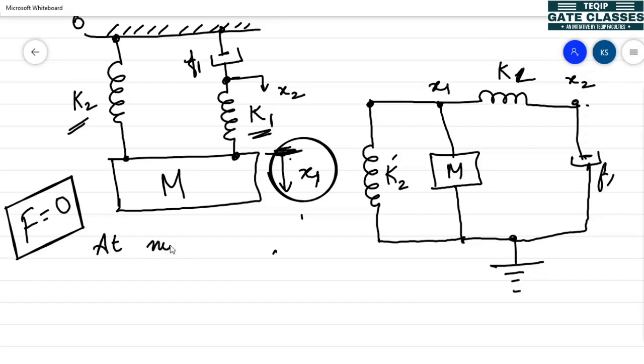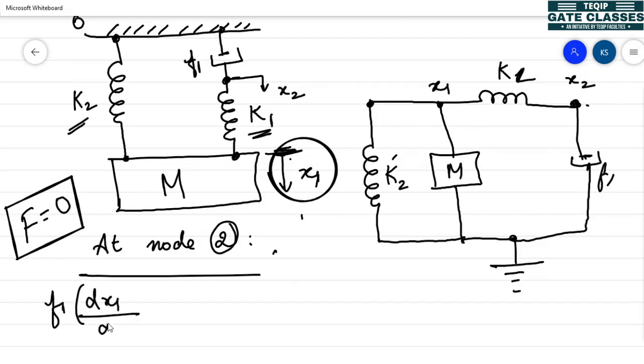So at node 2, the second differential equation is formed as follows. We have seen that one is the damper element. Because of the damper element, the force is F1 dx2 by dt, because it is connected between x2 and 0. And another is because of the spring having constant K1.